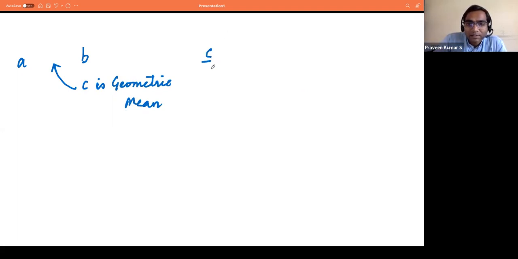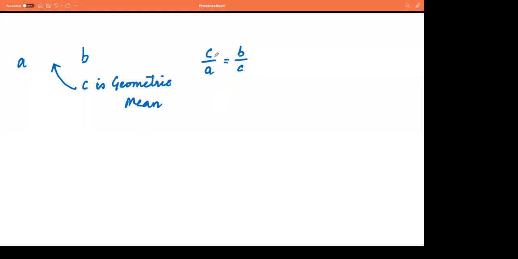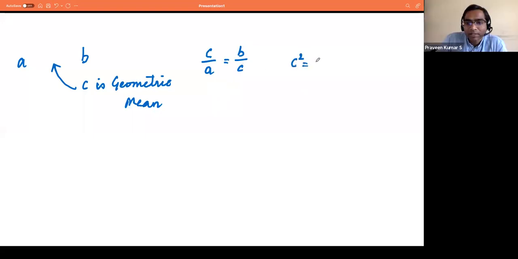Meaning C by A should be equal to B by C. Yes, sir. Now, if you cross multiply, you will get C square is equal to AB.